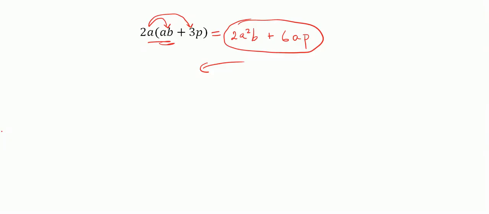So let's do a few examples. Suppose we are asked to factorize 2x cubed minus 8x. Now in this expression we have two terms: 2x cubed and minus 8x.